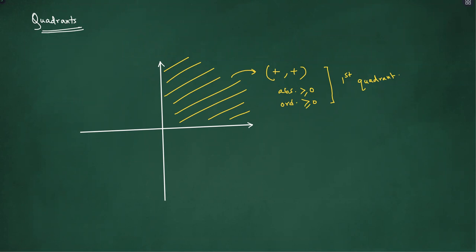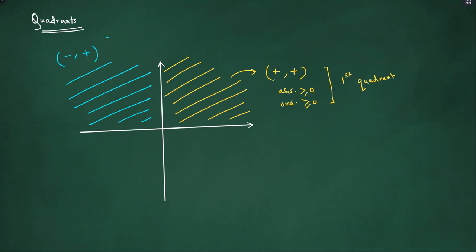Then we have the second quadrant. In the second quadrant, you can see that it is to the left of the origin. Hence, the x coordinate is going to be negative, and the y coordinate is still lying above the x-axis, so it's going to be positive.